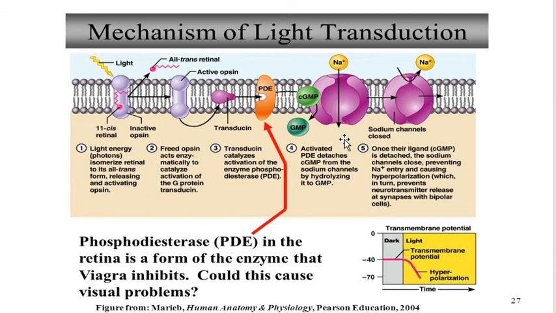So now that the sodium channels have no cGMP, they will close. Once their ligand is detached, the sodium channels close, preventing sodium entry and causing hyperpolarization, which is what we had earlier referred to.